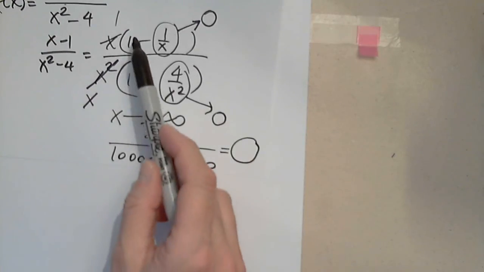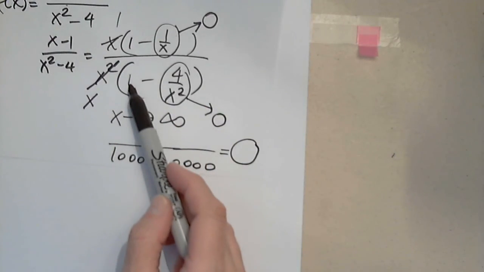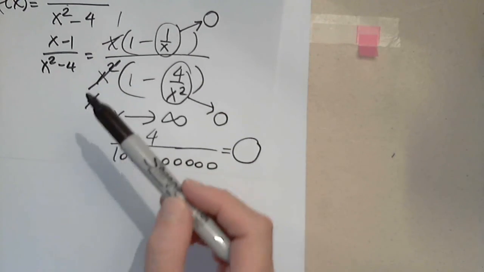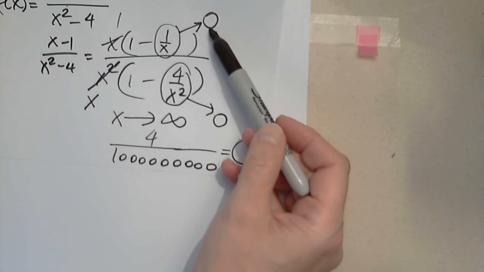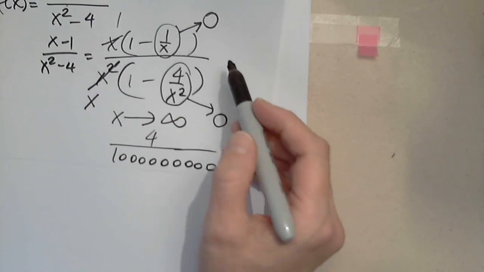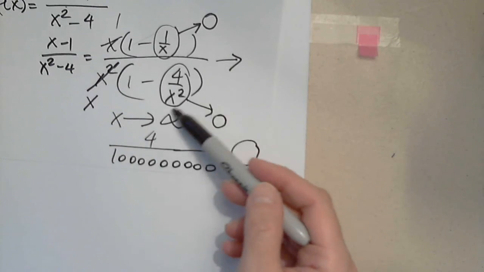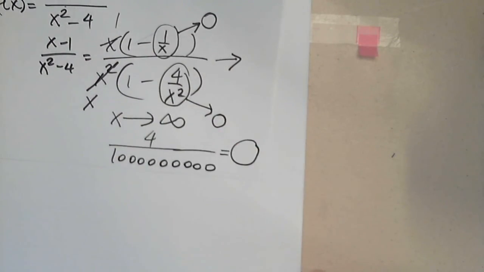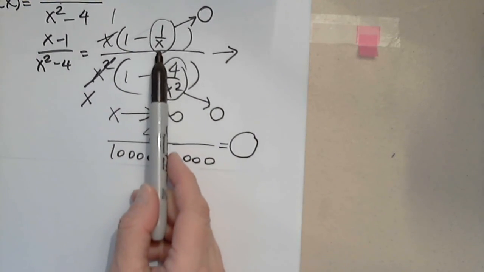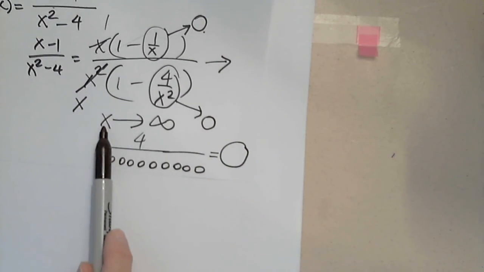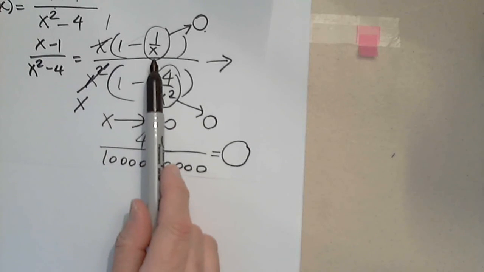Good. So all this will approach 1, but I have a 1 over x in front. Where will 1 over x go? So all this goes to 1, but I still have a 1 over x in front. And what did we establish? The 1 over x always goes to 0 whenever x approaches infinity, not when x is 5.